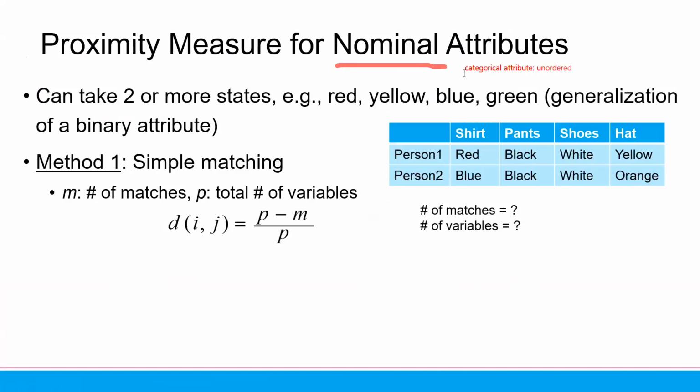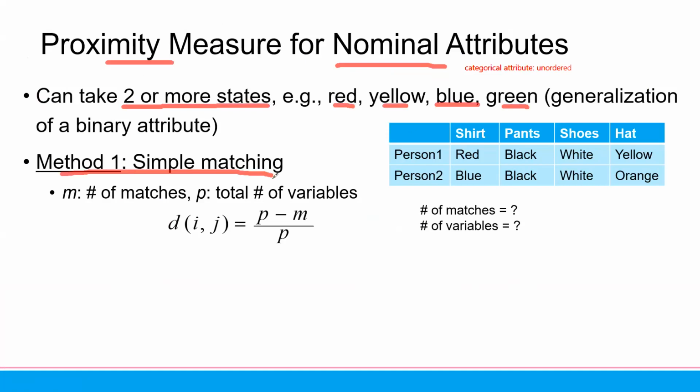There is no order. For example, we have two or more states, like colors: red, yellow, blue, green. We can measure the proximity or the similarity using simple matching.